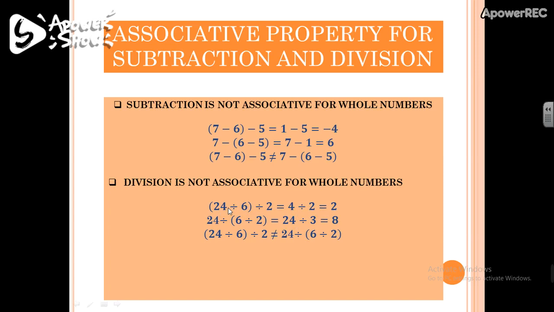Now we are doing this calculation in another way. In another way means we are dividing 6 by 2 before. So 6 divided by 2 equals 3. Now divide 24 by 3. So 24 divided by 3 equals 8.